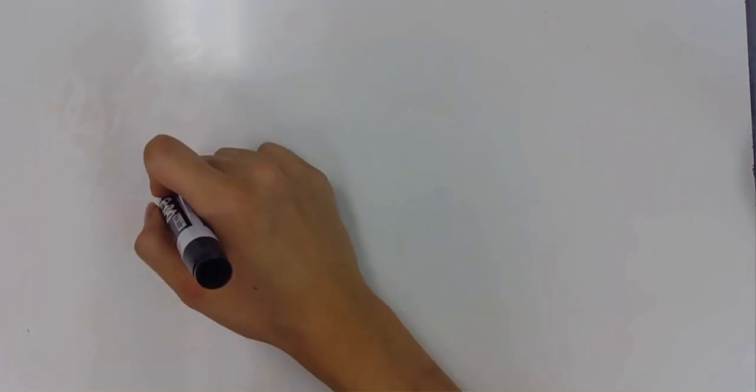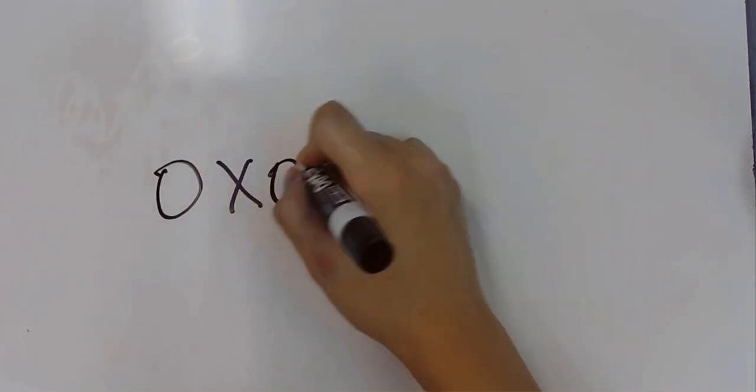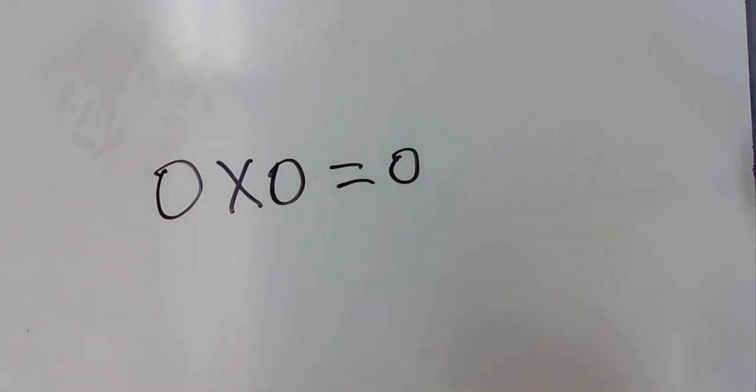So now, just a couple more examples with a little different bases. So what if the base was a 0? So now we know that 0 times 0 is equal to 0. Or in fact, it doesn't matter how many times we multiply 0 by itself, we know that the answer is always going to be 0.